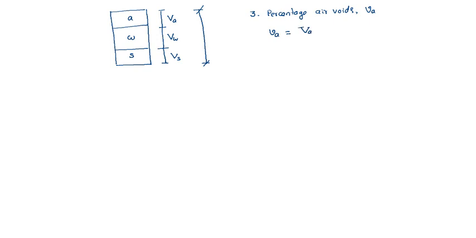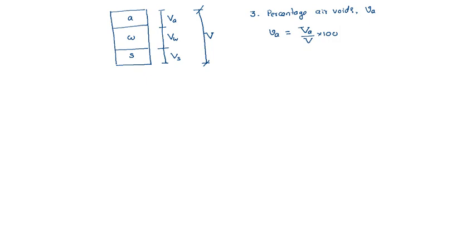This is volume of solids, this is volume of water, this is volume of air, and this is total volume. So the third parameter we are defining is percentage air voids, na. Percentage air voids equals volume of air voids divided by total volume, into 100. So that is percentage air voids.